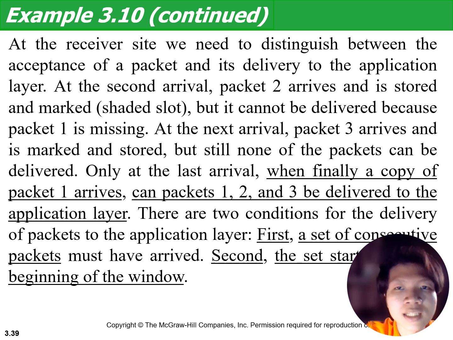Only at the last arrival, when finally a copy of packet 1 arrives, can packets 1, 2, and 3 be delivered to the application layer. There are two conditions for the delivery of packets to the application layer. First, a set of consecutive packets must have arrived. Second, the set starts from the beginning of the window.